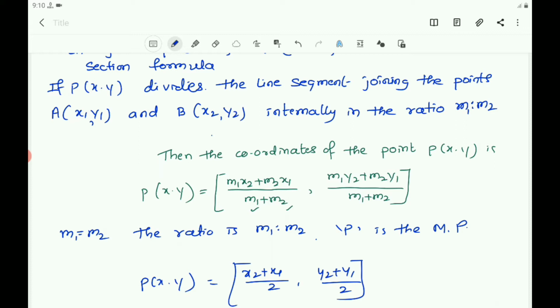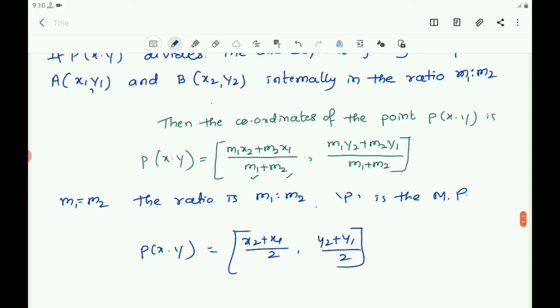Here the value of x is m1 x2 plus m2 x1 by m1 plus m2. Value of y is m1 y2 plus m2 y1 by m1 plus m2. Now if m1 equals m2, then the ratio becomes 1 is to 1, and that point is called the midpoint.